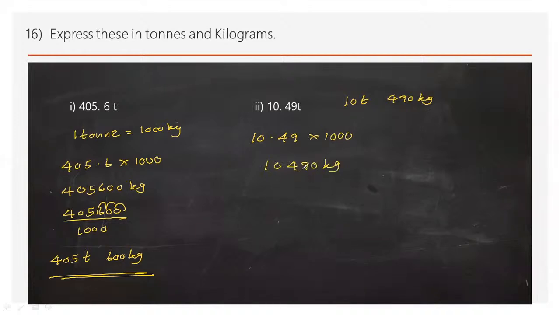So when we divide this by 1000, you get 10 tons and 490 kilograms.